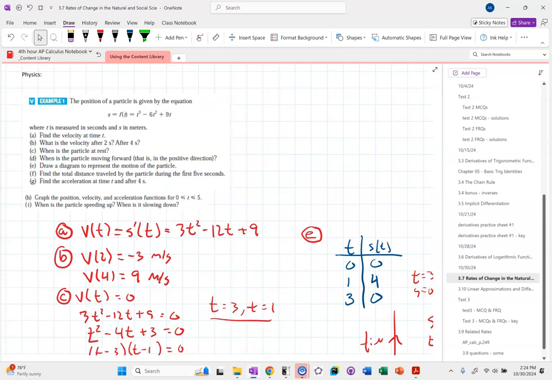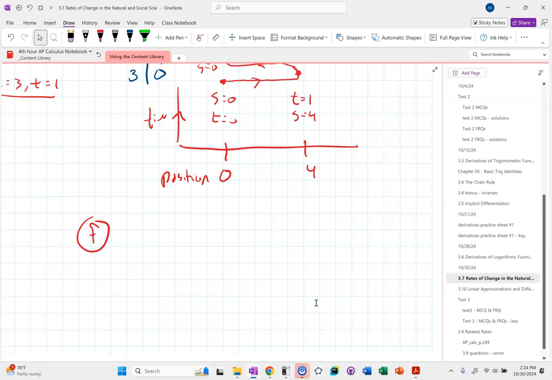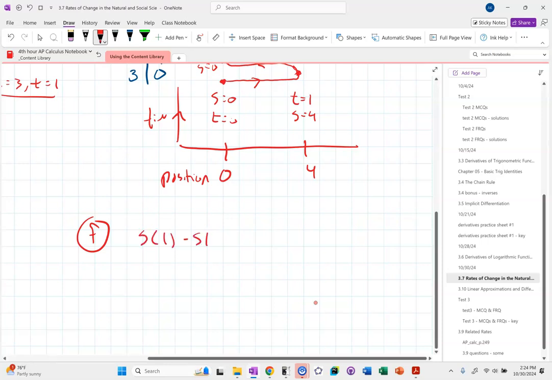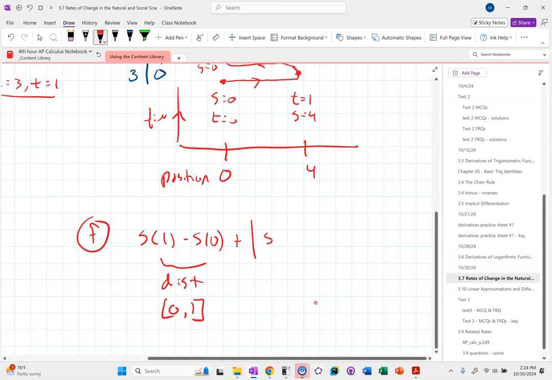Okay, so when am I moving forward? From 0 to 1, right? So if I do S of 1 minus S of 0, that'll be the distance on 0, 1, right? You guys agree? If I then do the distance from, we're moving backwards then from 3 to 1.